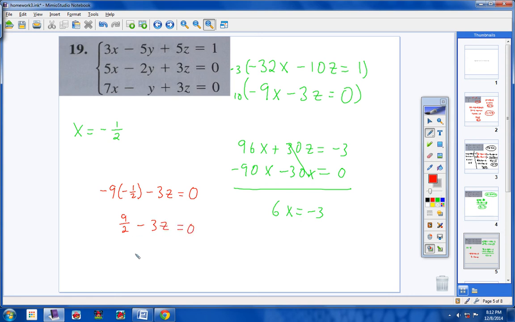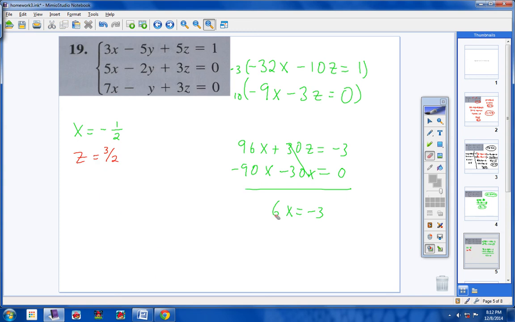Bring the 9 over 2 over and make it negative. So negative 3z equals negative 9 halves. And now divide both sides by negative 3, and you will get a positive 3 halves. Okay, so now I know what my z value is. Put that right there.